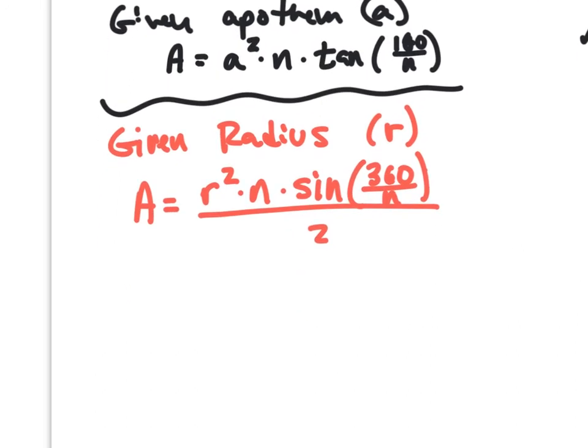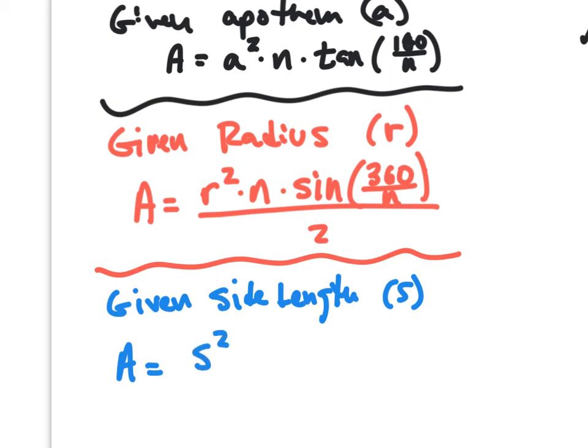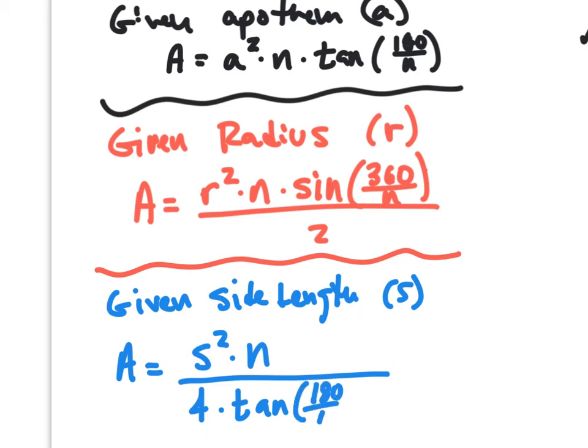Now, if you're given the side length s, then the area would be s squared times n, the number of sides, all divided by 4 times tangent of 180 divided by n.